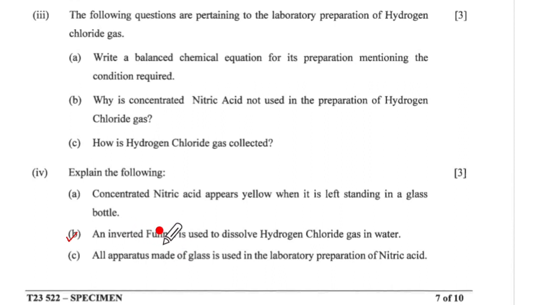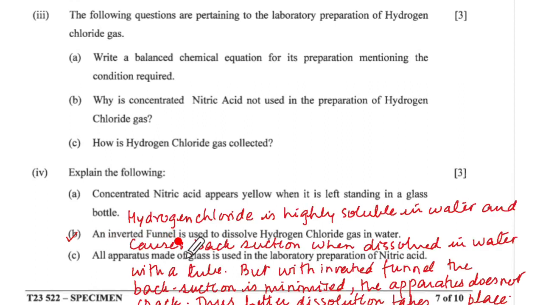So we have to mention all that. What I have written is that hydrogen chloride is highly soluble in water. If you want, you can mention 452 volumes in 1 volume of water, and it causes back suction when dissolved in water with a tube. But with an inverted funnel, the back suction is minimized or prevented and the apparatus does not crack, thus better dissolution takes place.